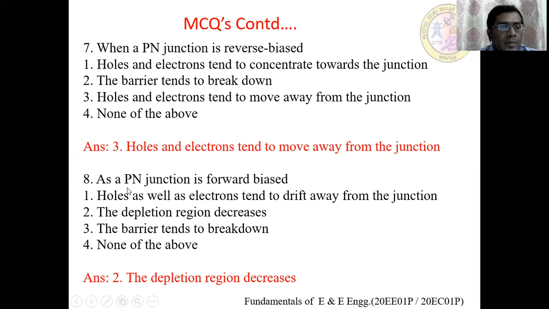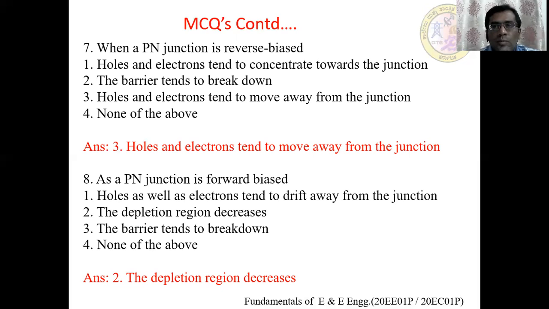Question number 8: when the PN junction is forward biased, holes as well as electrons tend to drift away from the junction, the depletion region decreases, the barrier tends to break down, or none of the above. When the PN junction is forward biased, the depletion region decreases, because the electrons and the holes move together and the current flows.